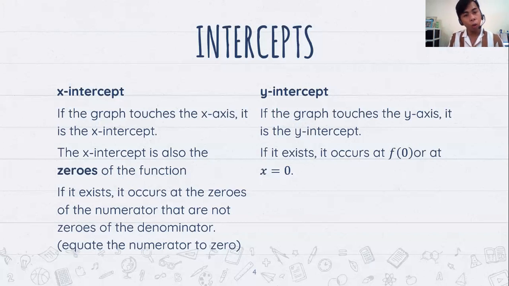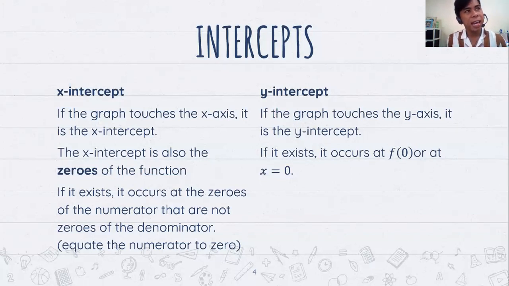So if you solve, I know that you already solved the zeros of an equation. So if you are already familiar with the zero, it is actually the x-intercept. Okay? Kasi the way how x-intercept is computed is exactly the same as the zeros of the equation or of the function.